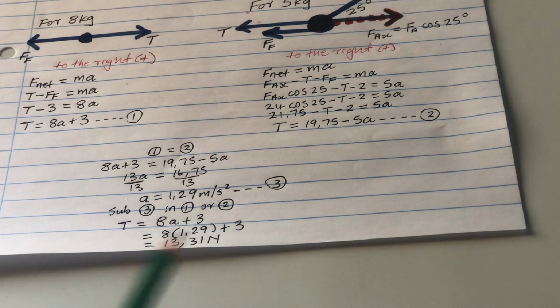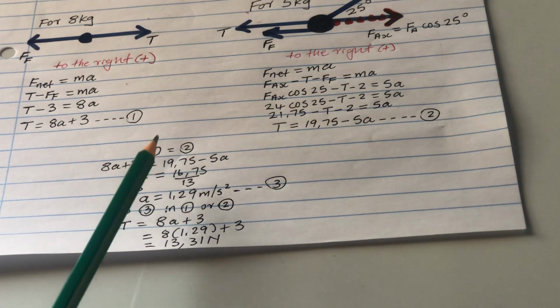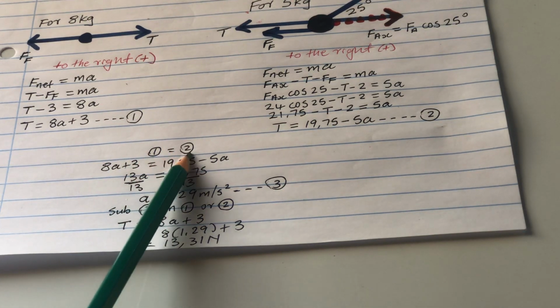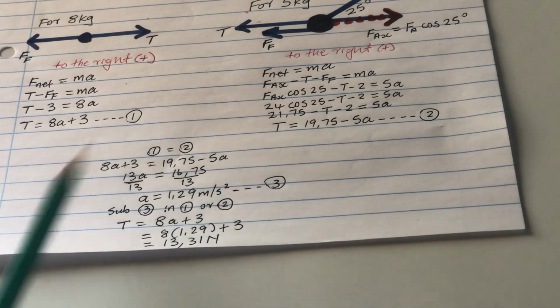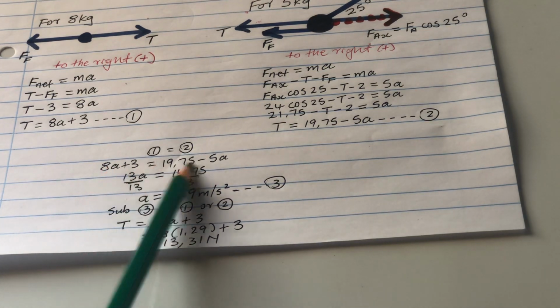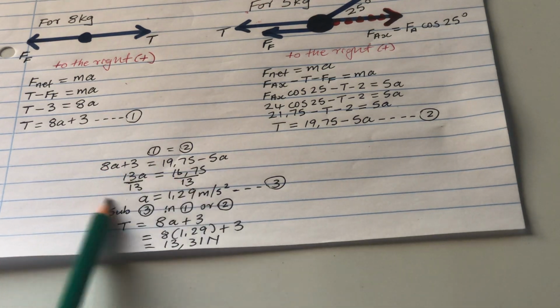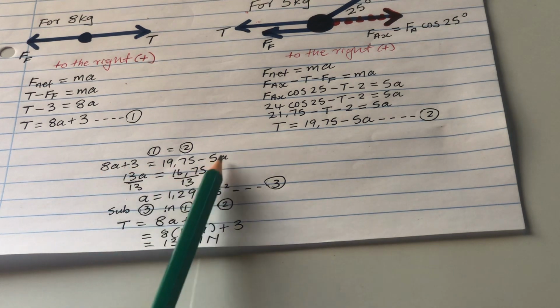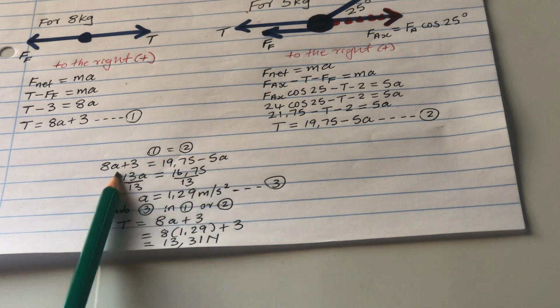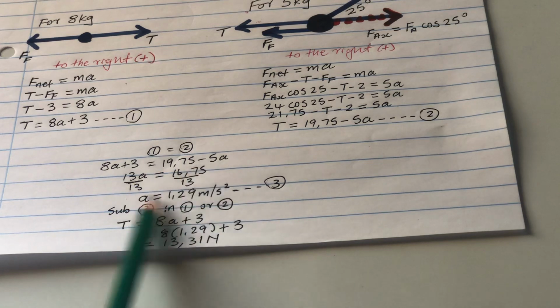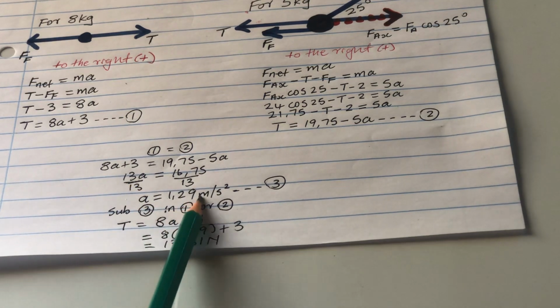So what I do, I must equate the two. Equation 1 equals equation 2 because all of them equal T. Then you copy the equations, then you solve for A. You can see that the equation now contains one variable, which is A. Then you solve for A. At the end, our A equals 1,29 meter per second square.